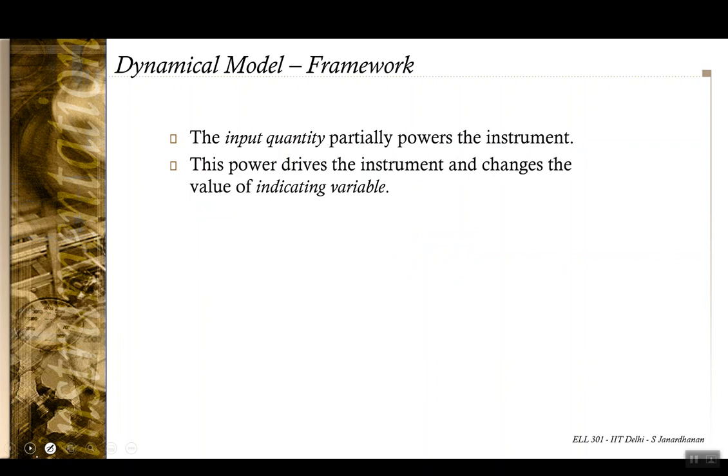Typically in every instrument, the input quantity powers the instrument partially, so it gives an auxiliary power to the instrument in case of an active instrument like a multimeter, and it completely powers the instrument in case of a thermometer like a mercury thermometer, where the complete energy for the response of the instrument comes from the measured quantity.